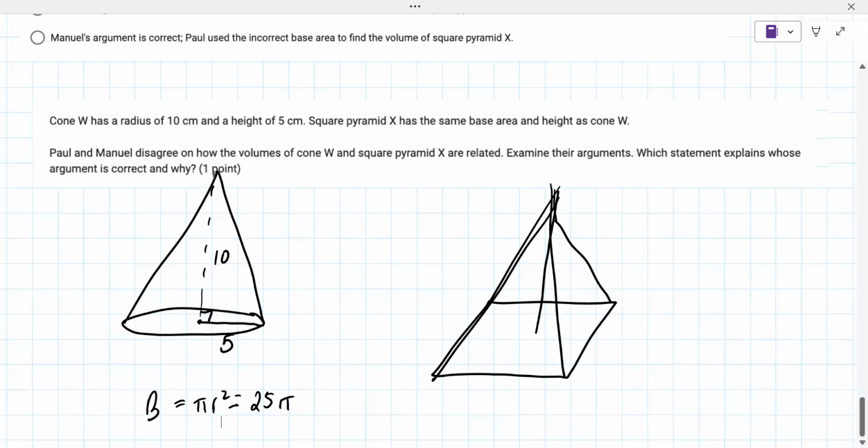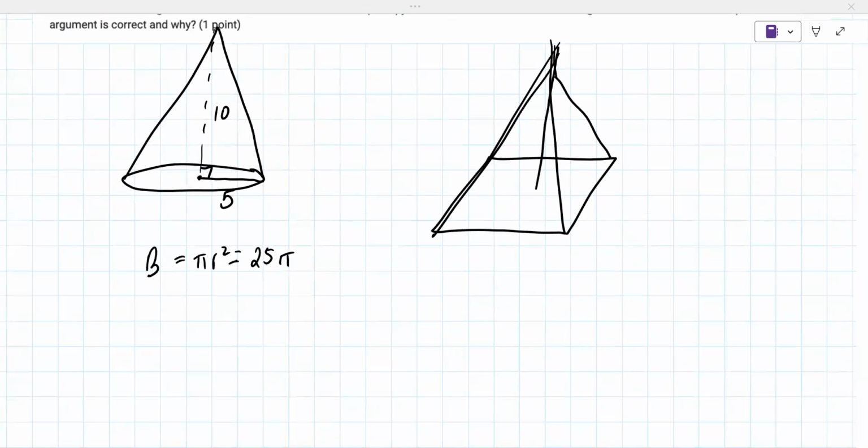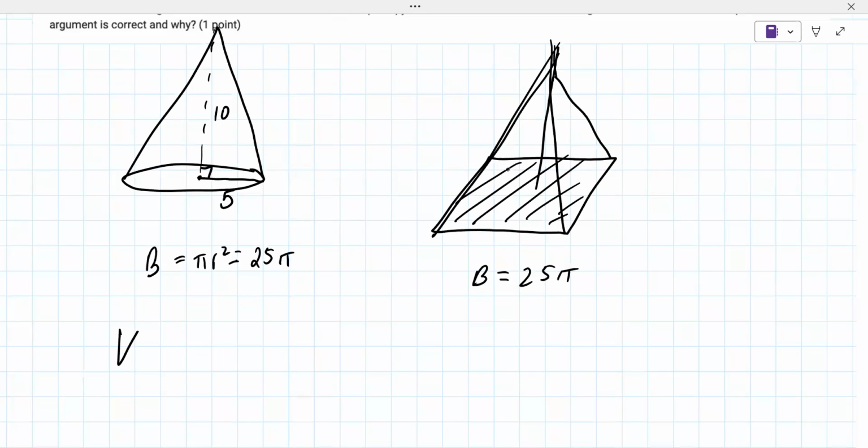They're saying now that the base over here on the right also has an area of 25 pi. The volume in both cases is 1/3 the area of the base times the height. Is that okay? Yeah. All right.